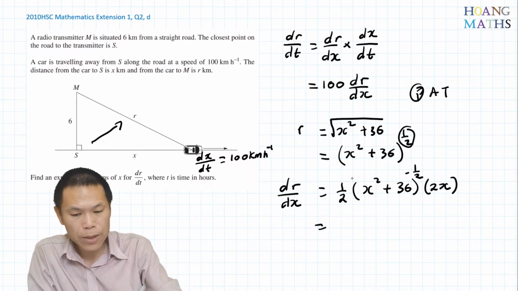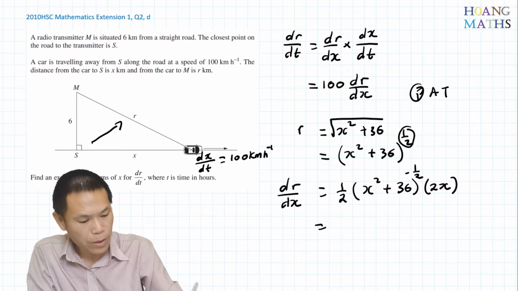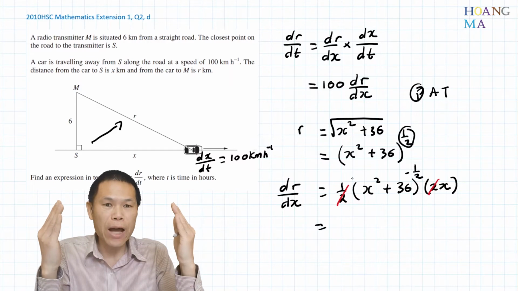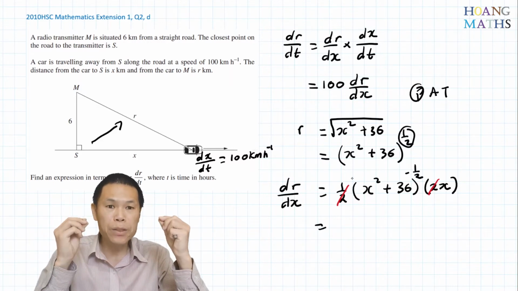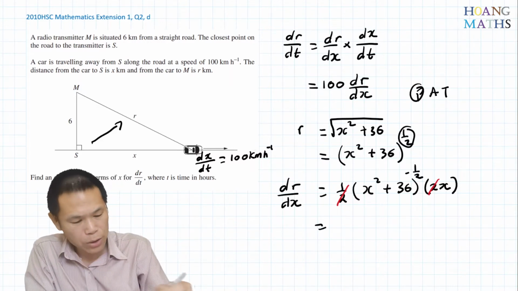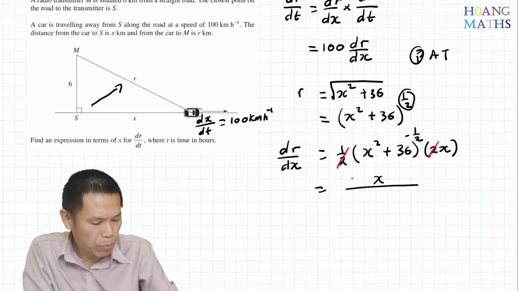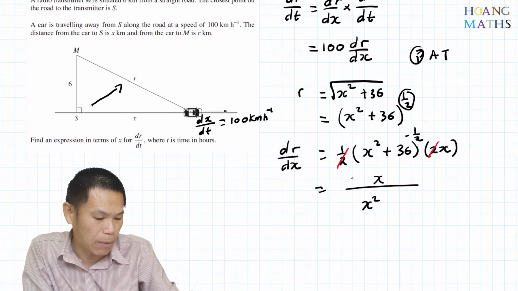And then now I just simplify this. So the half cancels with the 2. Now with the power of negative half, I can bring it down so it becomes a positive index. So it becomes x over (x squared plus 36) to the power of a half.